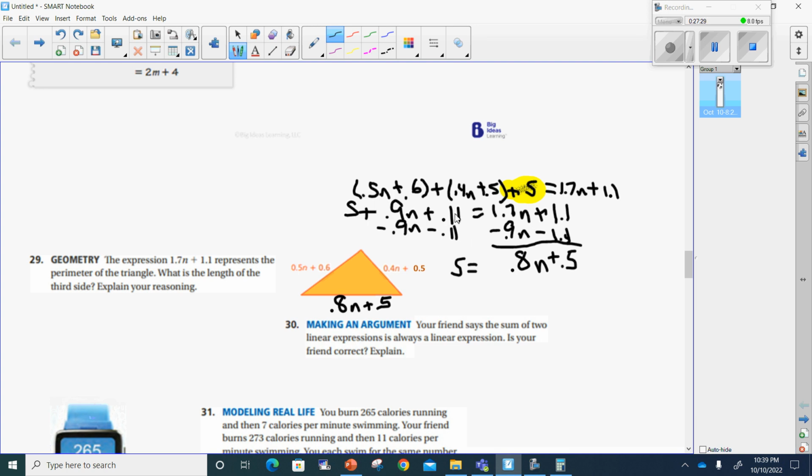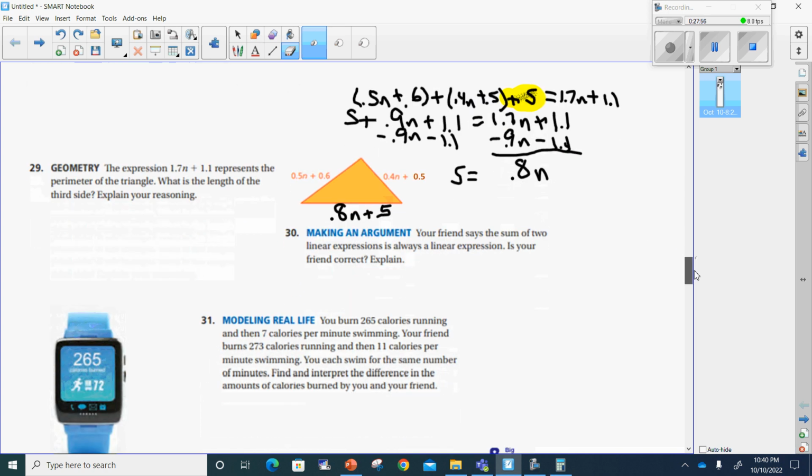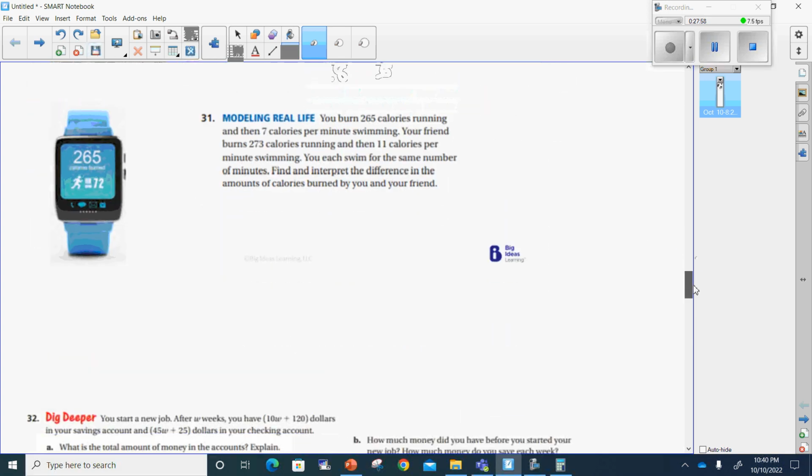Okay, actually I shouldn't say 0.11, it's 1.1. And now 1.1 minus 1.1 will be 0. So the answer is just going to be 0.8n. That's it, 0.8n. All right, now let's go ahead and go down to number 31.